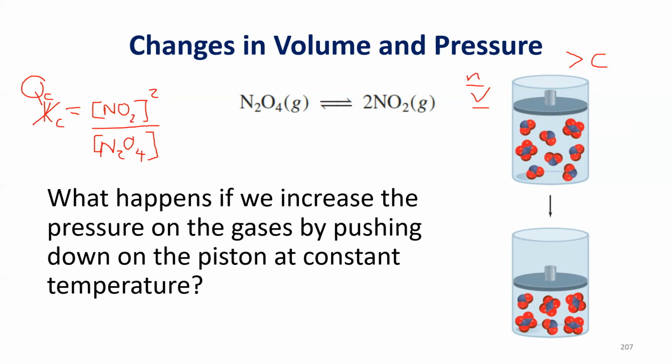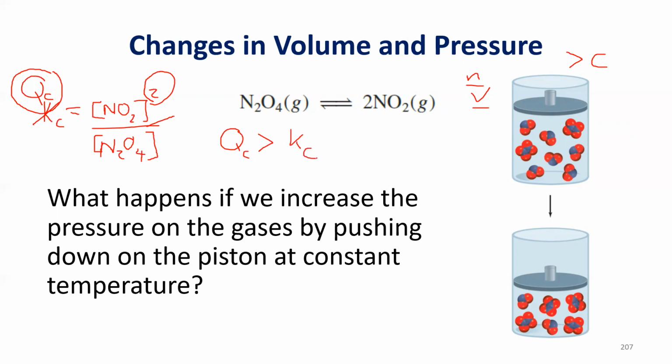Therefore, the numerator of this expression is going to be much larger because notice that it is squared here. So when it becomes much larger, it means that Qc becomes a very large value compared to Kc. So therefore, Qc becomes greater than Kc.